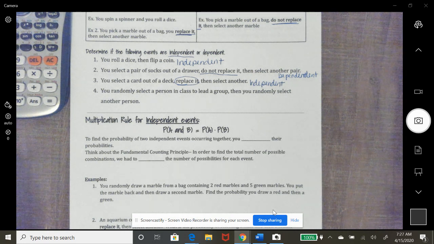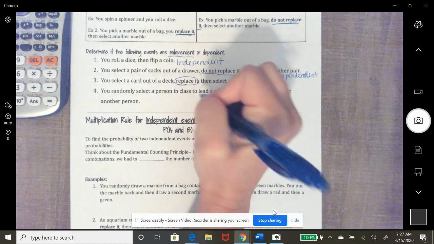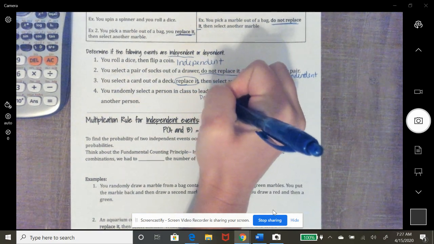You randomly select a person in class to lead a group, then you randomly select another person. I wanted you to think about this one a little bit. If you randomly select a person in class to lead a group, can you choose that person the next time to lead the second group as well? No, you can't. When you pick that person to lead a group, you're not putting them back in your group of choices. So this is basically saying you do not replace.